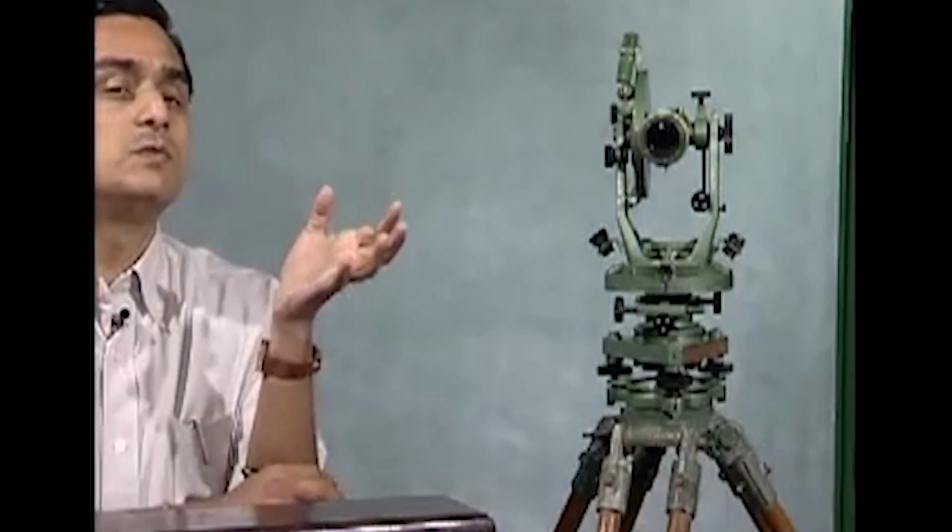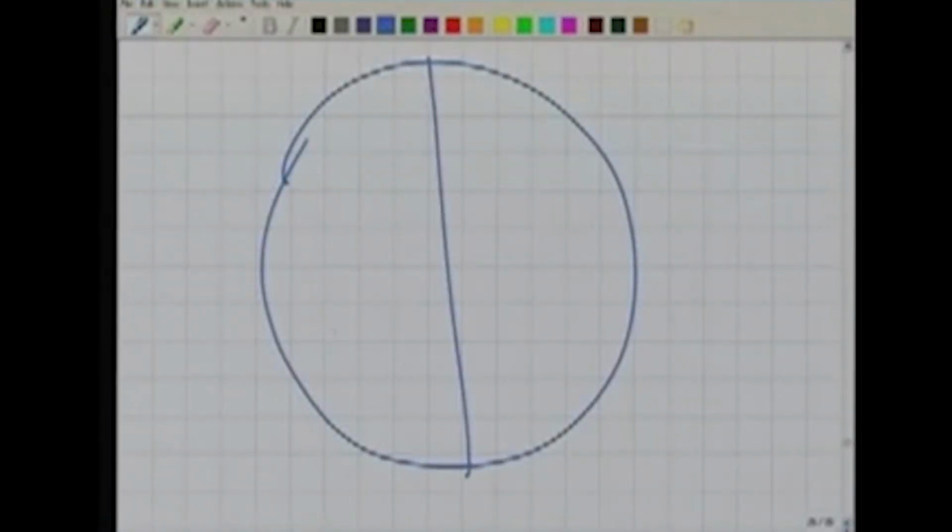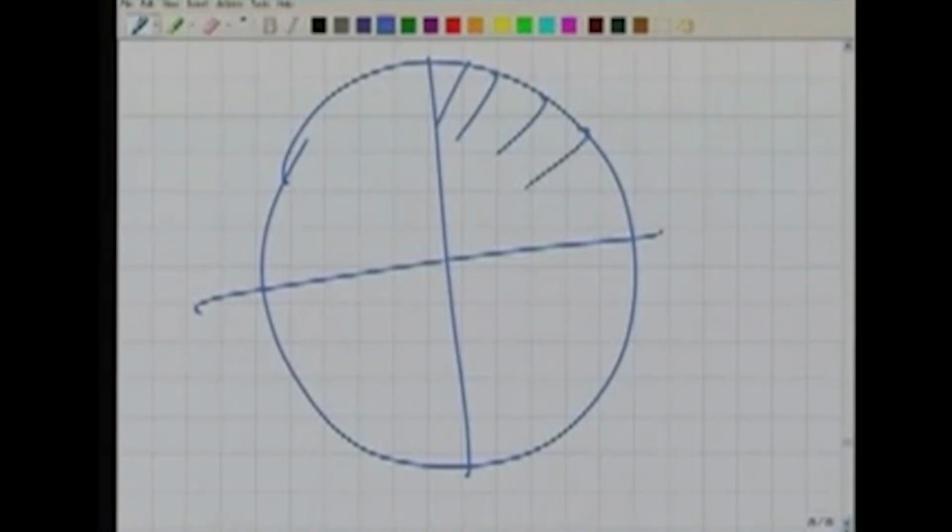So this is the method of repetition. Now it should be obvious to you how we increase the precision, because we are mechanically adding the observations and dividing by 5 or the number of repetitions. So we are in effect increasing the precision. Number 1. Number 2, the same angle. Now here in this case, what we were doing? We were observing the same angle in different parts of the graduated circle.